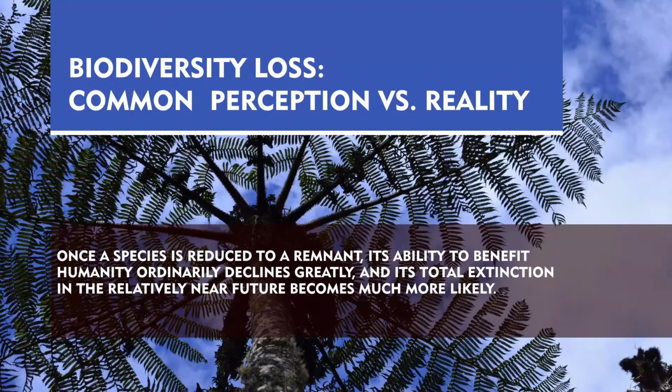So, the loss of genetically distinct populations within a species is at the moment at least as important a problem as the loss of an entire species. Once a species is reduced to a remnant, its ability to benefit humanity ordinarily declines greatly, and its total extinction in the relatively near future becomes much more likely.